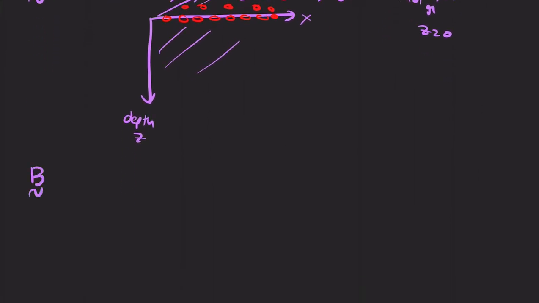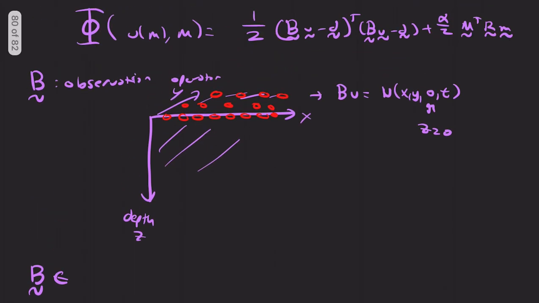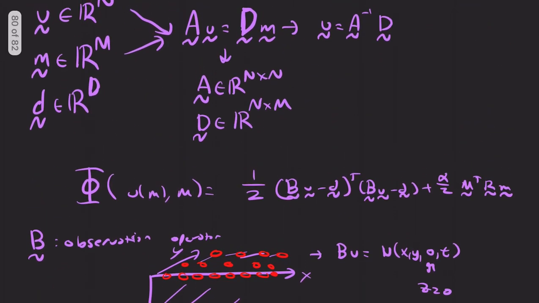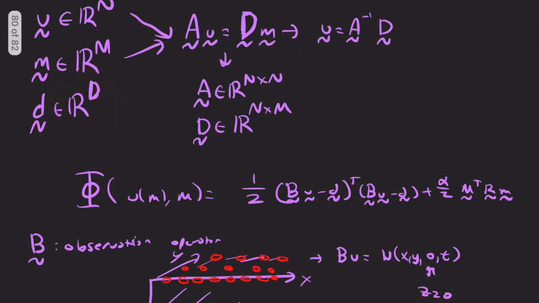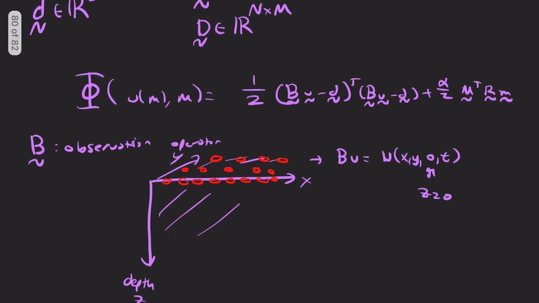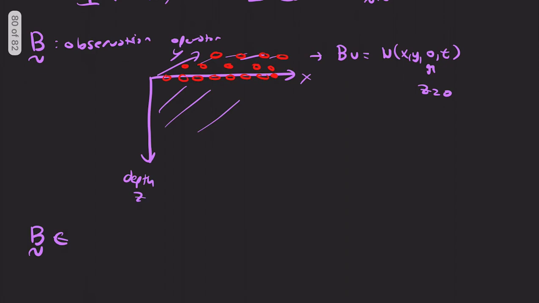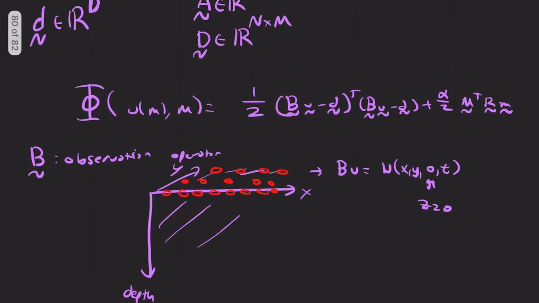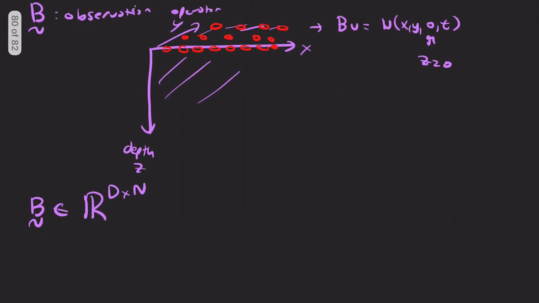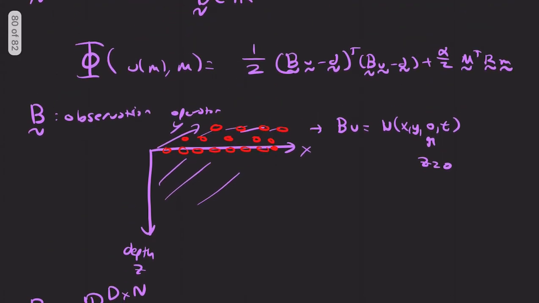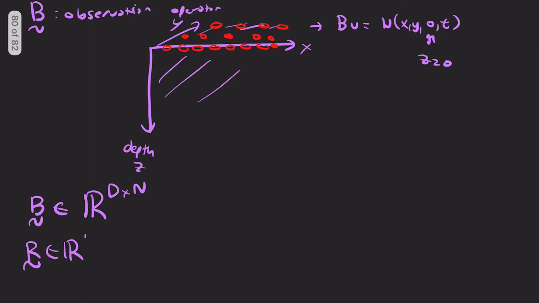So notice that d is in R^d, so B maps n vectors to d vectors. The output is d, the input is n, and R is in R^(m by m).